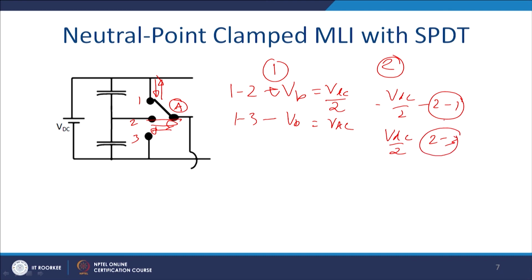In the same way, when it is put into position 3, current is required to be bidirectional, and it is required to block the voltage between 3 and 2, that is VDC by 2, and between 3 and 1, that is VDC. So, how will you realize it with the switches?